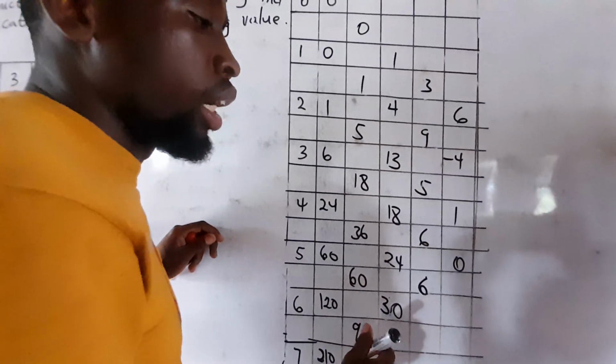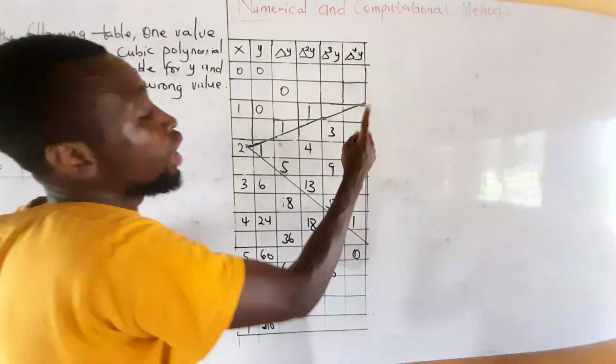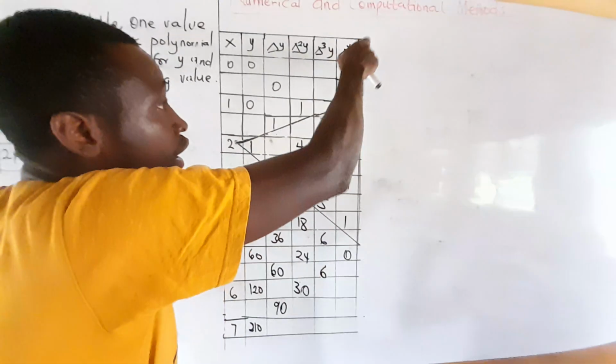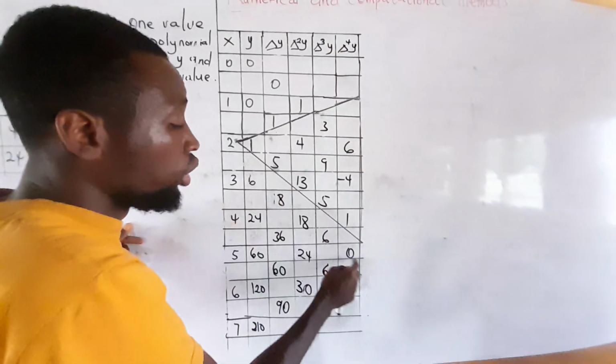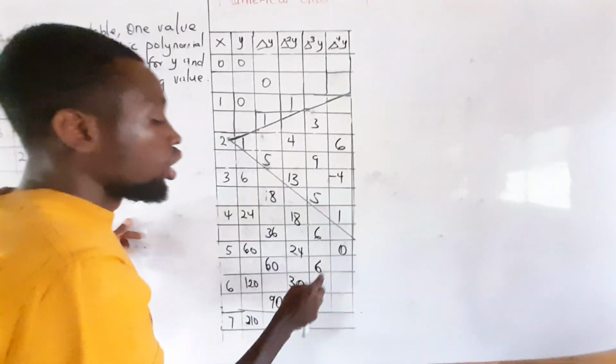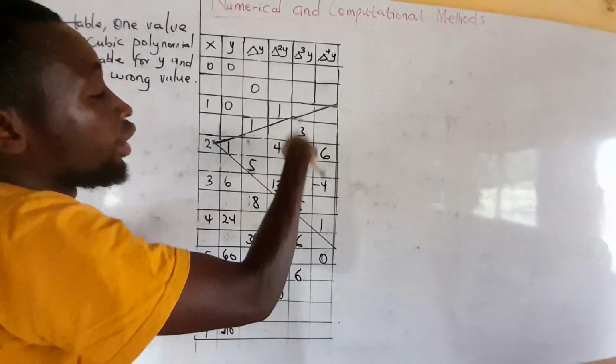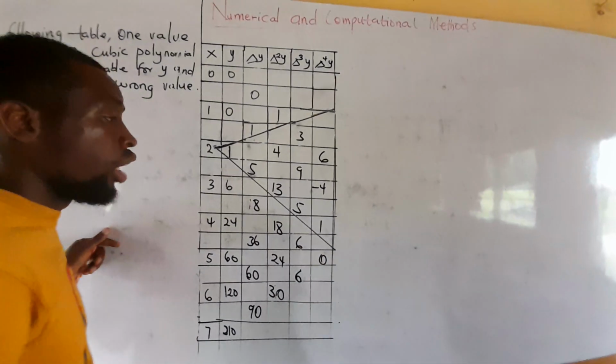So how do we trace the error? As I said, all these three values are in error. Since anything beyond the cubic should be 0, then all these are in error. Or when we find up to the cubic, it must be constant, so you can see that this and this are correct. The rest are in error.